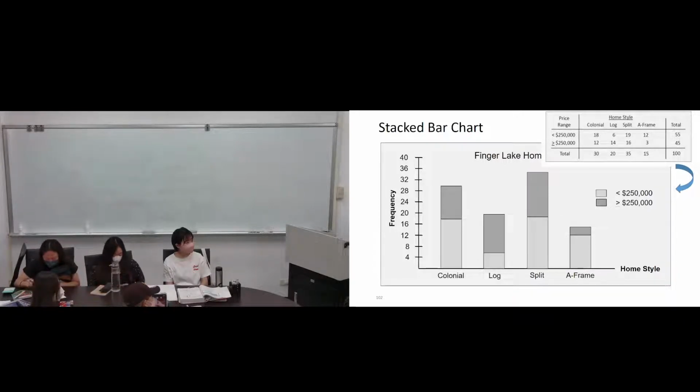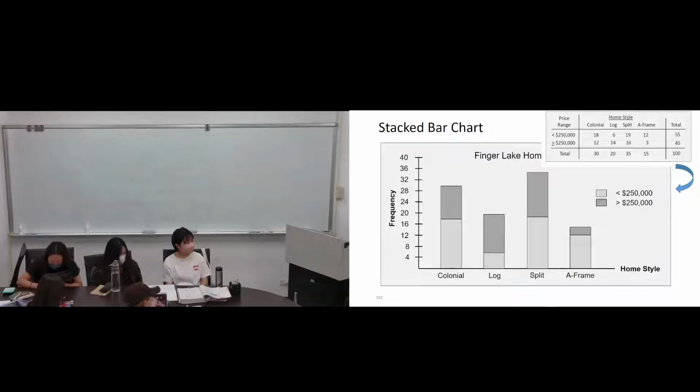For the colonial, out of 100 sample size, 30 of them are colonial. Out of the 30 colonial homes, 18 of them are priced below $250,000, and the other 12 are priced above $250,000.